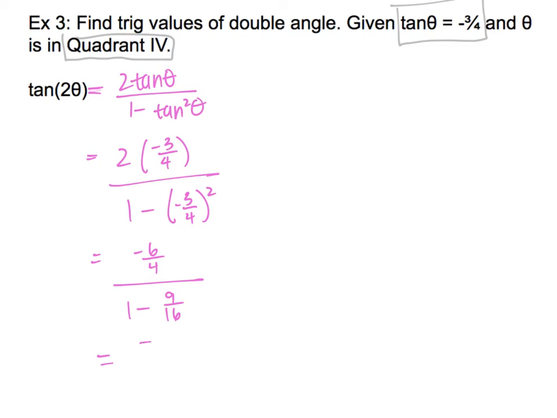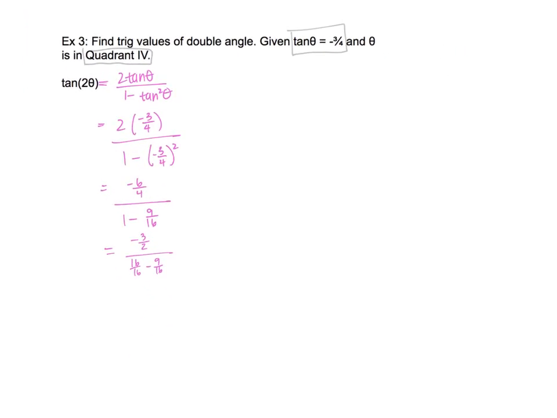So this would be -3/2 over, let's subtract this first. So this would be 16 minus 9 over 16. I'm just trying to combine the ones with it. So I get -3/2 divided by -7/16.